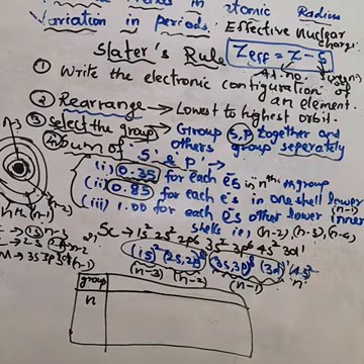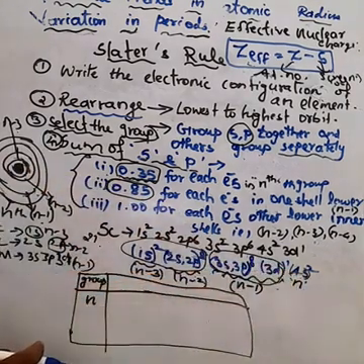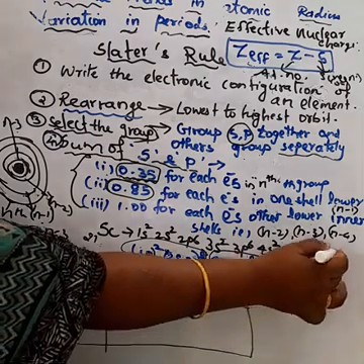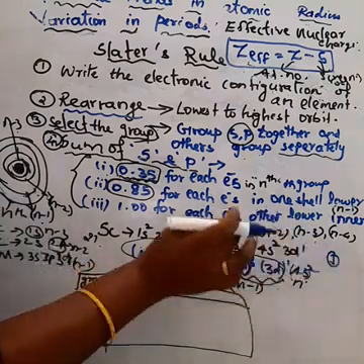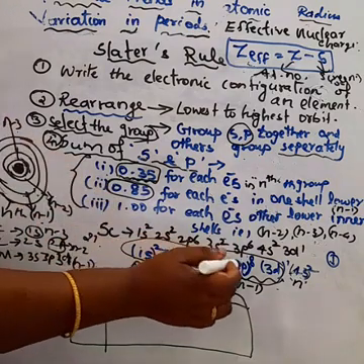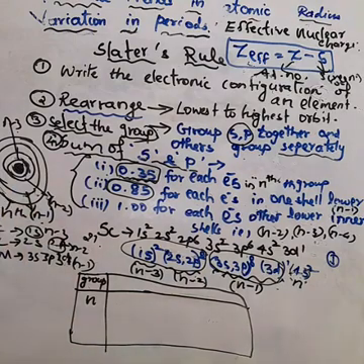Which group we select to calculate the effective nuclear charge, you should subtract 1 electron from that nth group. Suppose the group has 3, 4 or 5 electrons. Here only 4s2 electrons are there.